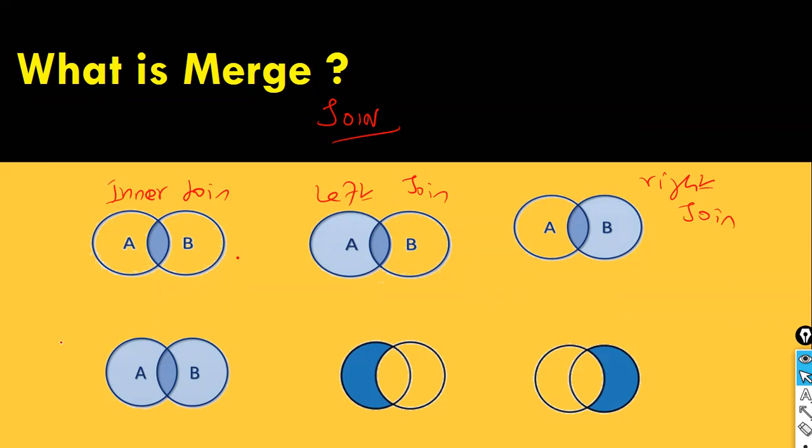This is your full outer join. This is your left anti-join. This was asked in an interview, my student was asked about left anti-join. This is right anti-join.